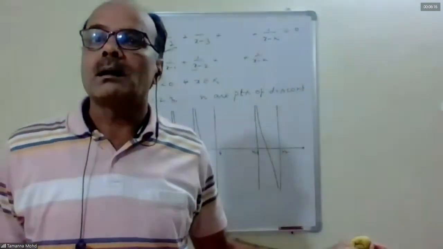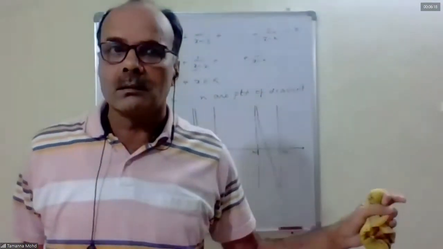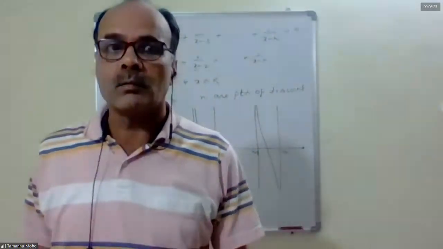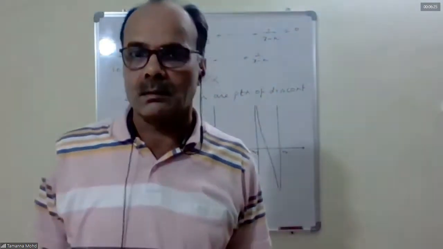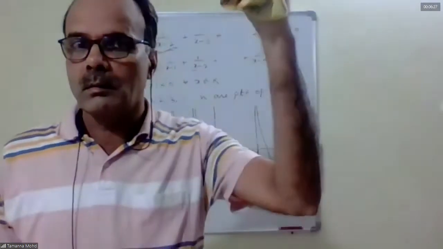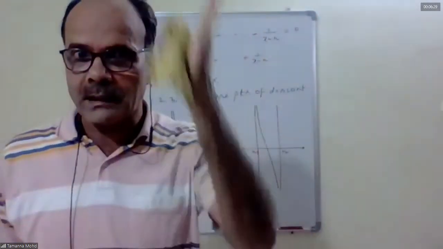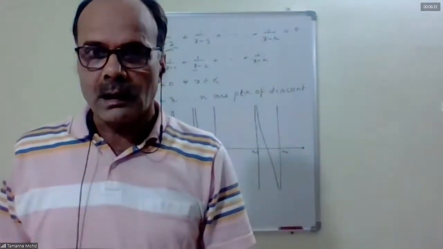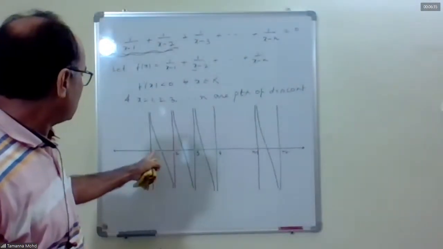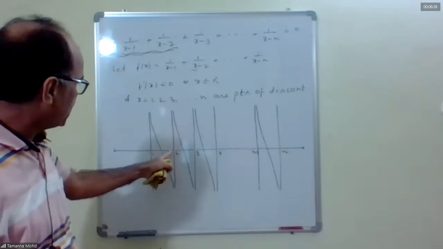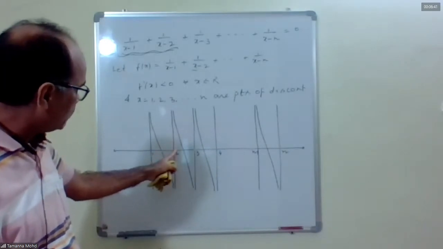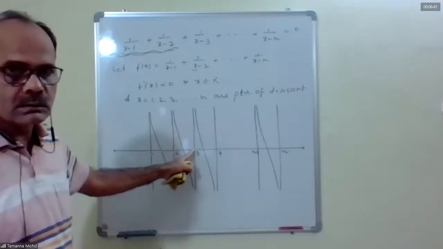So the idea is how to plot the graph of a discontinuous function, where the function is not continuous. What we will do is draw a vertical line at the point of discontinuity, and here we take the right hand limit at 1, here the left hand limit at 1, 2, here the right hand limit at 2, here the left hand limit at 3.